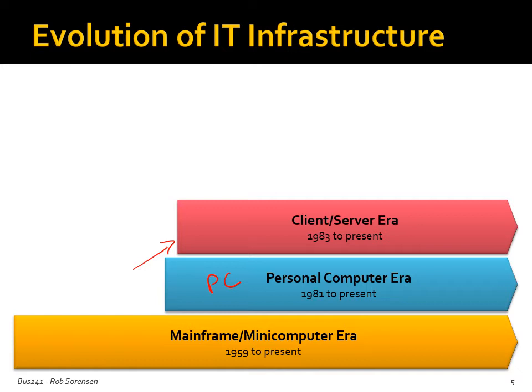We can all access it. That was the client-server era, and that's still going on because networking is really what that's all about. So let's write networking in there. So that was key, and that moved business forward a lot, didn't it? You can imagine the benefits that's going to bring to business.